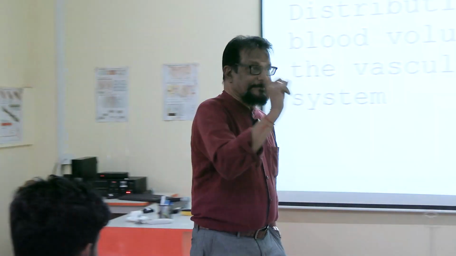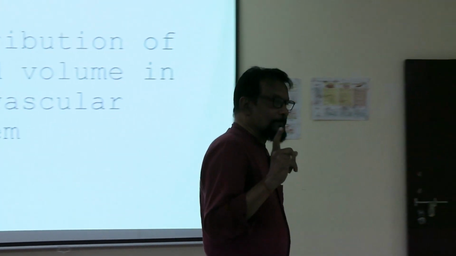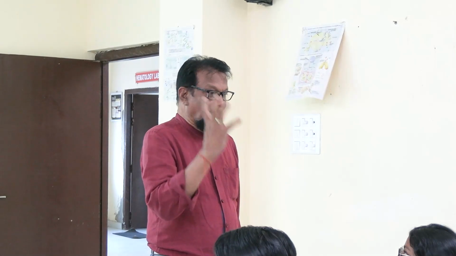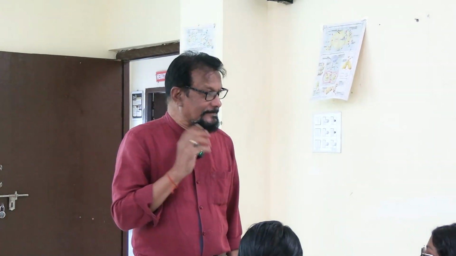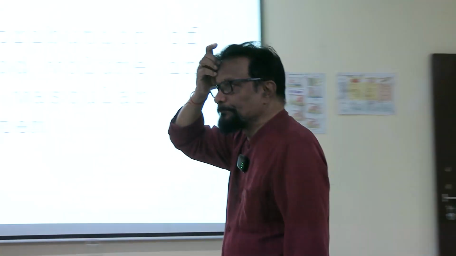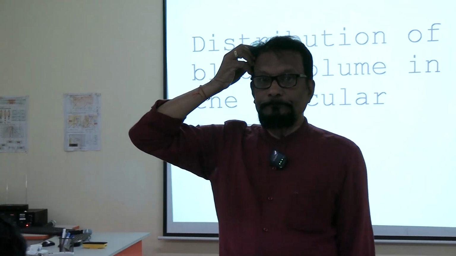Now can you tell me, right at this moment, whether your artery is having more blood or your vein is having more blood? One person said it is artery. Who is agreeing with him? All.